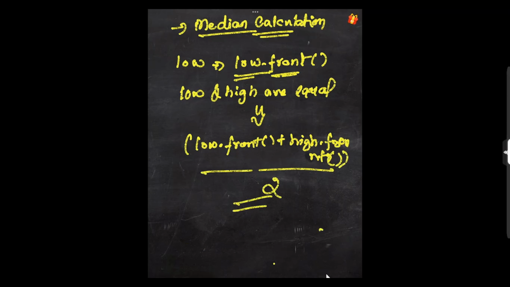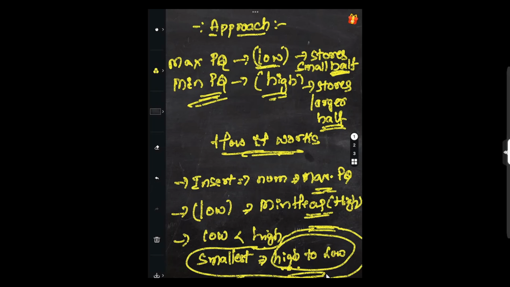So this we know. During the question itself, I have said the same thing. If the count is odd, the median is the middle element. If the count is even, the median is the average of two middle elements, right? That is the reason. This is how to calculate the median basically.